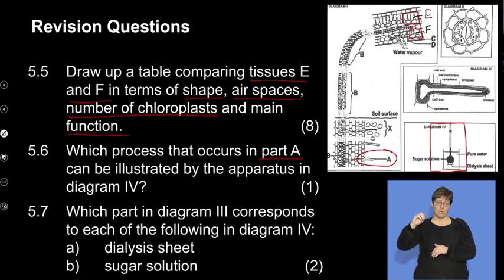Then if we look at 5.7, which part of the diagram 4, which is the bottom one here, corresponds to the following diagram 3, your dialysis sheet corresponds to the cell membrane because they are both semi-permeable, and the sugar solution links to the vacuole, the water and the sugar in the vacuole.